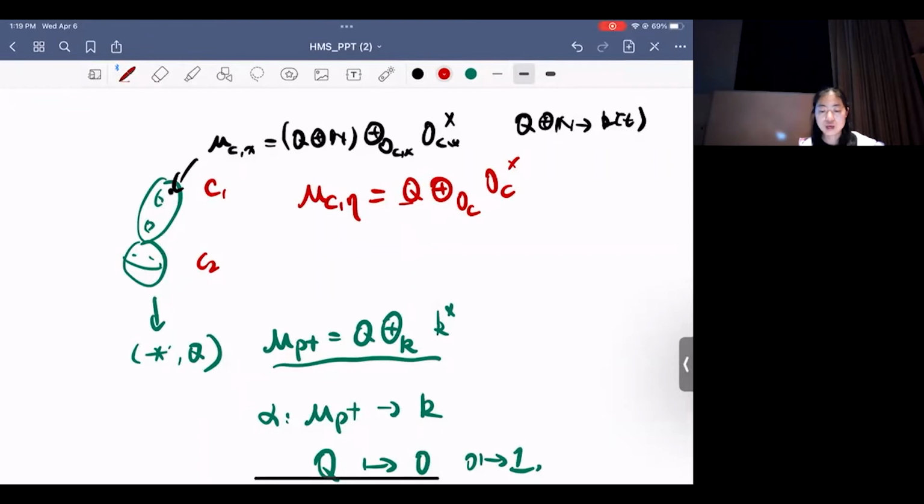What's the map from OC to that? It doesn't make sense, right? Yeah, there's no map from there. Sorry, I messed up with the chart, which is from Q to OC.